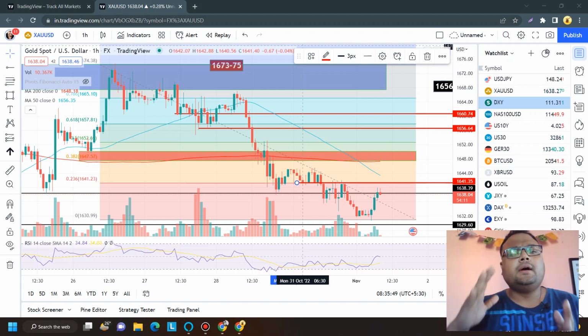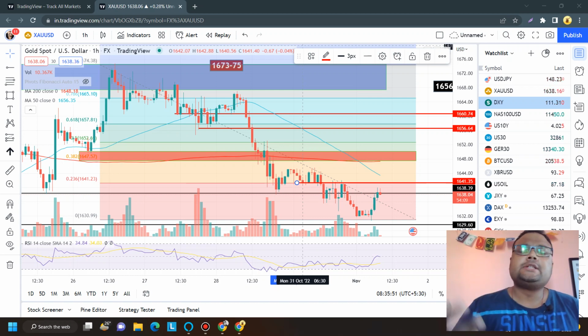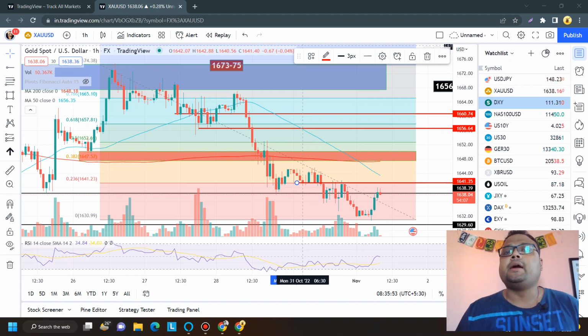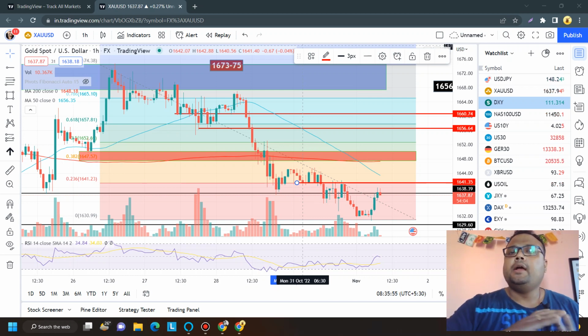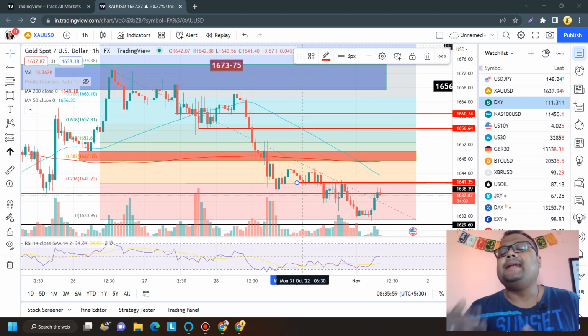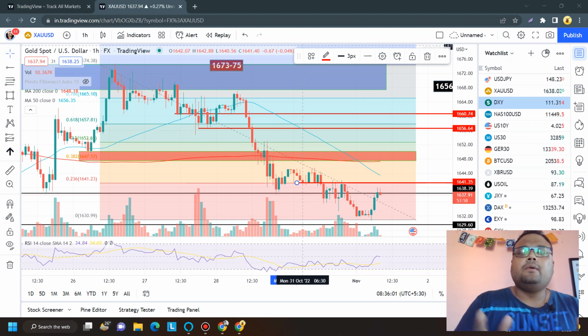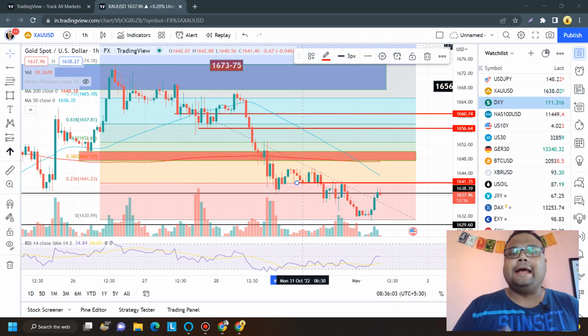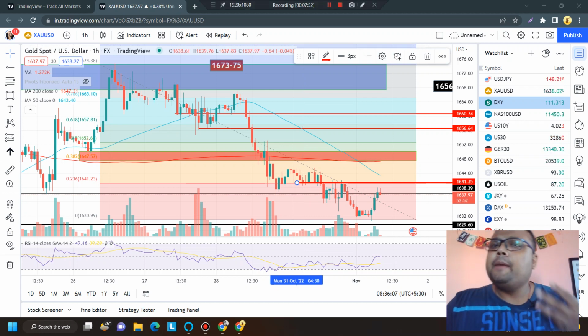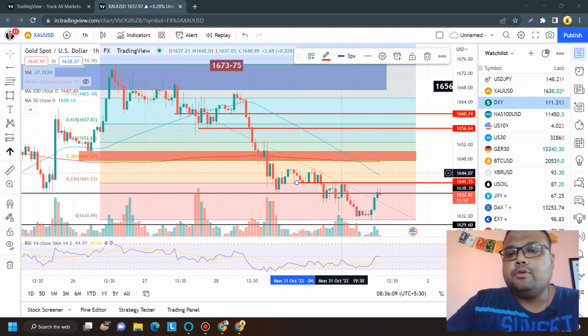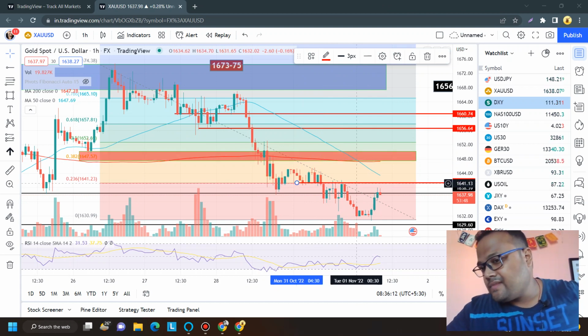You can look for Fibonacci 23.6% in case of a trending market. For example, USD JPY was a clean trending market, so you could go for a buy at dip. But when it comes to gold and this kind of choppy chart, I personally prefer to avoid taking a position at market levels like this.